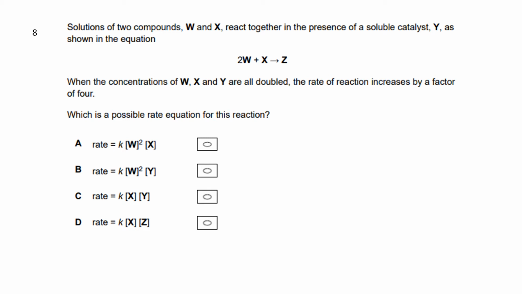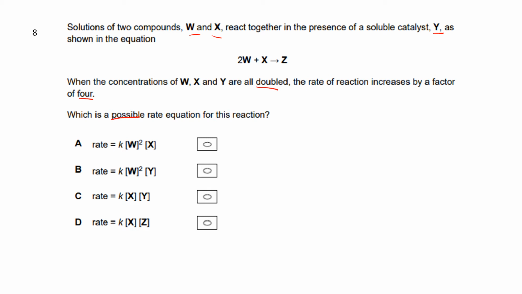Okay, so when the concentrations of W, X and Y are all doubled, Y is catalyst, W and X are reactants, the rate of reaction increases by a factor of 4. Okay, so which is possible? It's very possible. Some of these aren't possible.